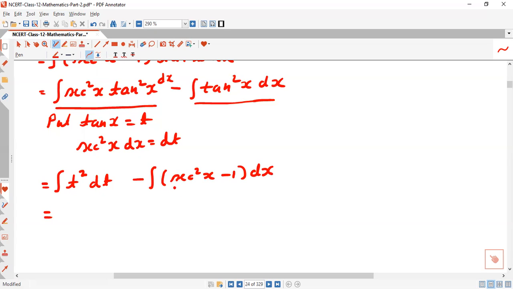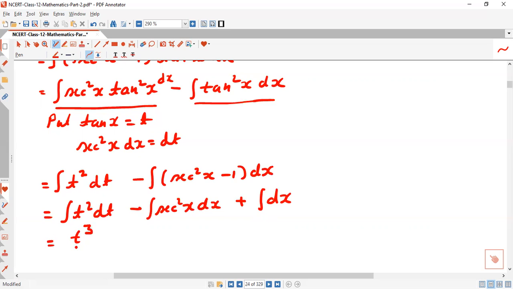Just separate the terms: t square dt minus the integration of sec square x dx plus the integration of dx. Taking the integrations, t square gives t cube by 3, minus the integration of sec square x, which is tan x, and the integration of dx is x, plus some constant c.